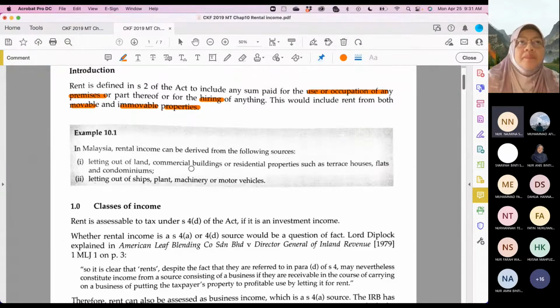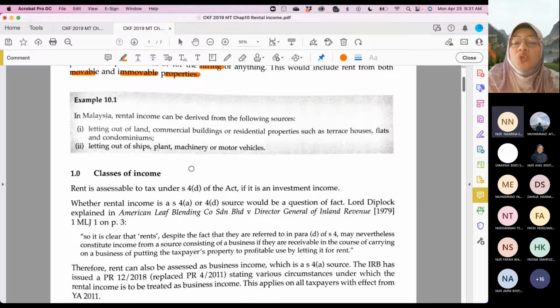For example, I have a company whose business is renting out ships, the vessels. Normally the operators of transportation don't actually buy the vessel. They hire the vessel from another company that owns these vehicles.